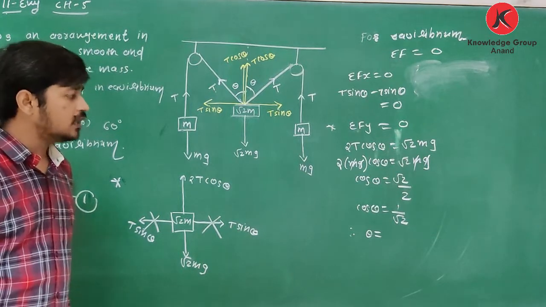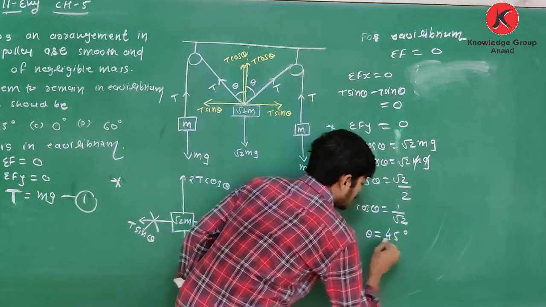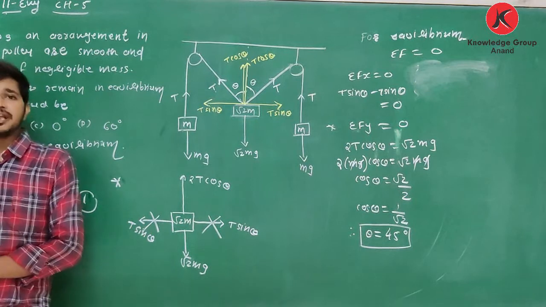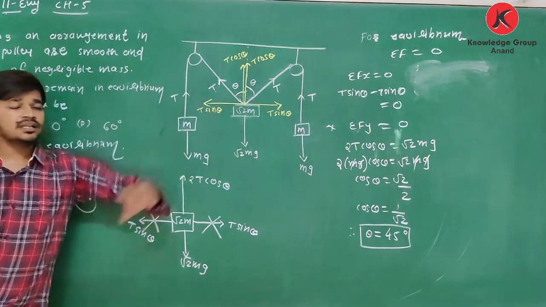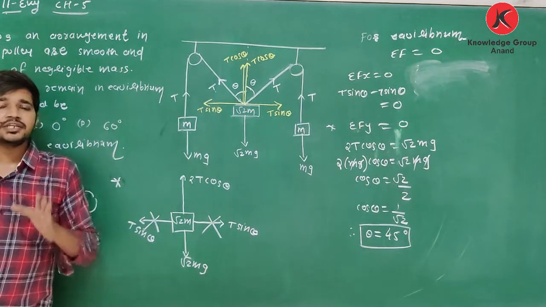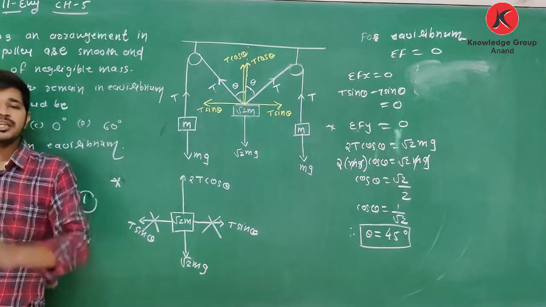For which angle is the value of cos 1 upon root 2? It is 45. So theta is equal to 45 degrees. If this angle is 45 degrees, then the system is in equilibrium.